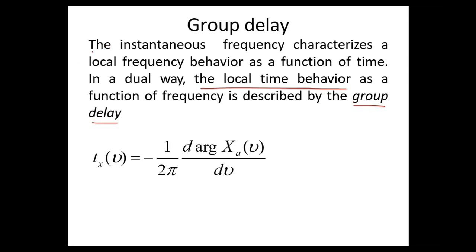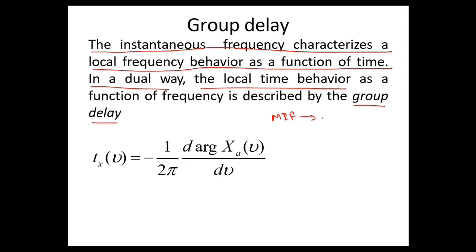So what we know, the instantaneous frequency characterizes a local frequency behavior as a function of time. In a dual way, the local time behavior as a function of frequency is described by the group delay. That means for mean instantaneous frequency, there would be another curve which we may get, which is called group delay. And this is being given by this equation.